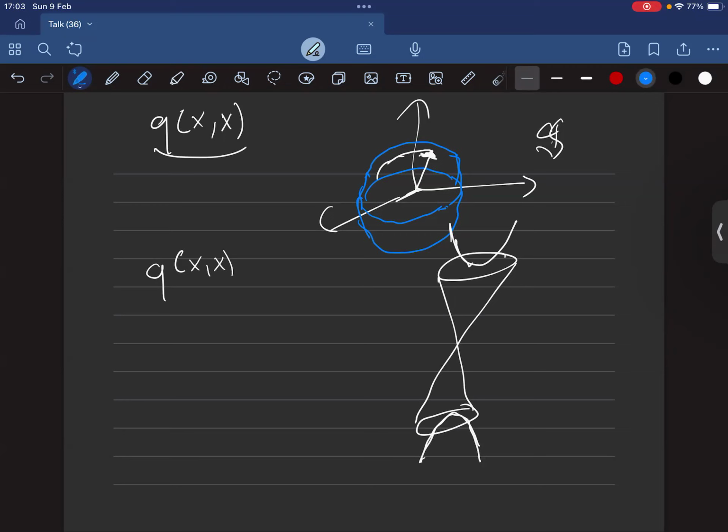And if it is positive, it will be this one. And they also foliate everything. So these blue ones are the positive levels. Maybe I will draw in red here. So these are the negative levels. And the null cone is the 0 level.